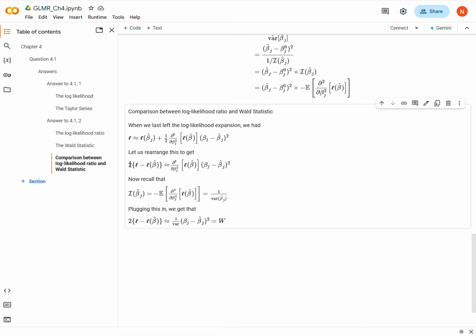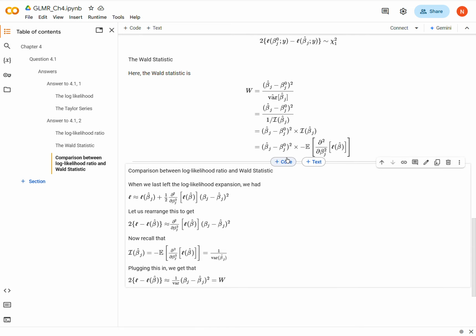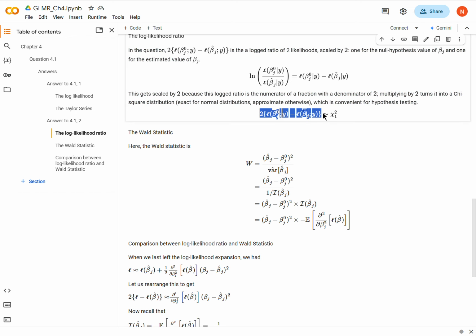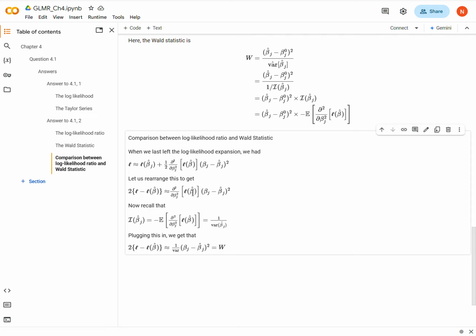Now notice that this is very much looking like our expression here. And now when we look at the right-hand side, remember that the information of beta hat is equal to the negative expectation of the second derivative of the log likelihood.